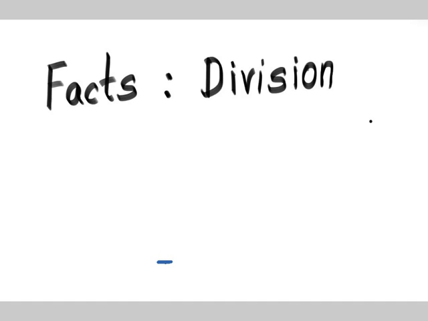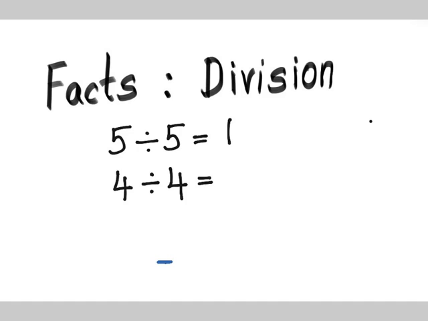When dividing the same number by the same number, the answer is always equal to 1. For example, 5 divided by 5 equals 1. 4 divided by 4 equals 1. Same dividend and divisor, the answer is always 1.